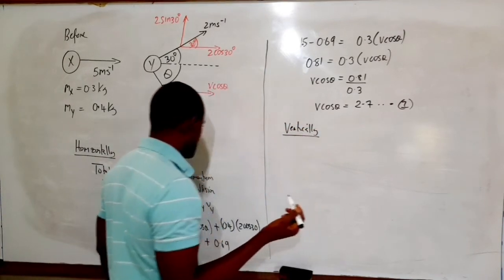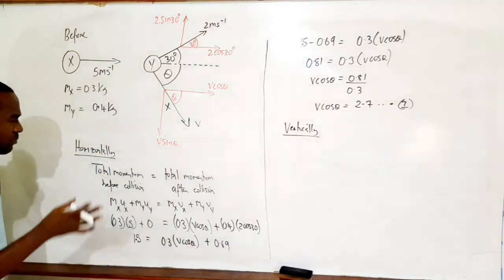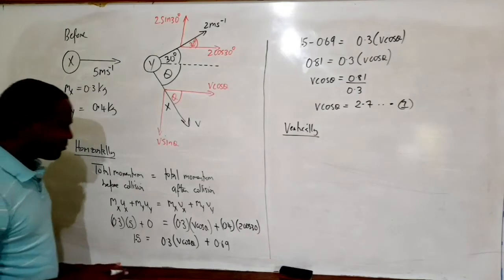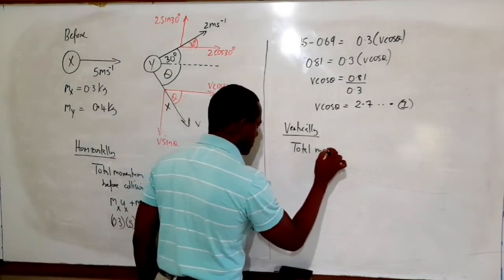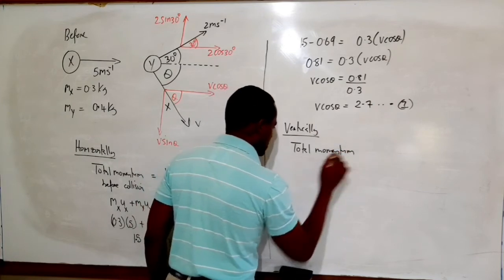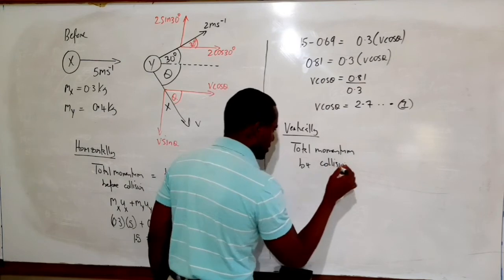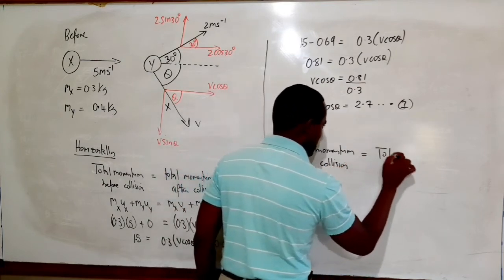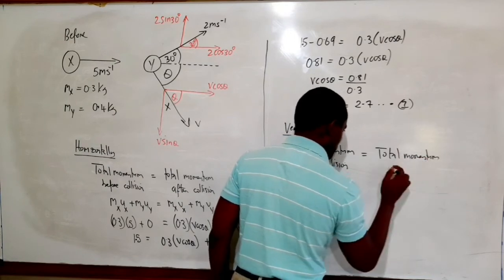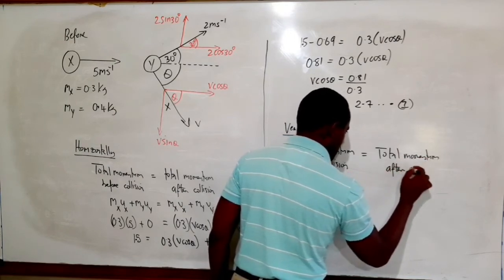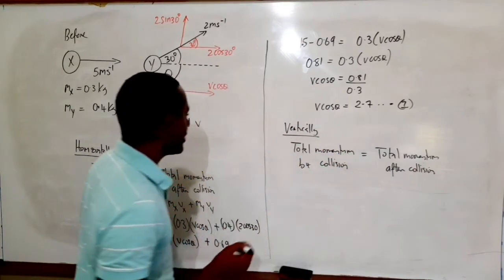Now, vertically, momentum is also going to be conserved. And so we can say that since momentum is conserved, total momentum before collision equals total momentum after collision, right?